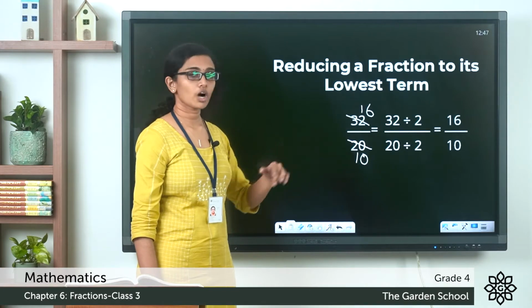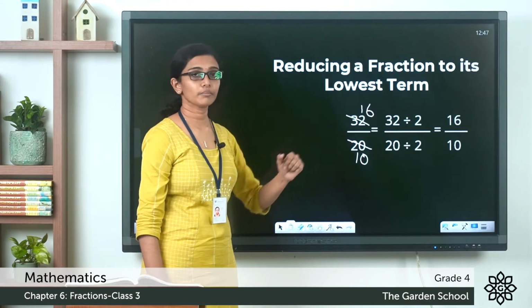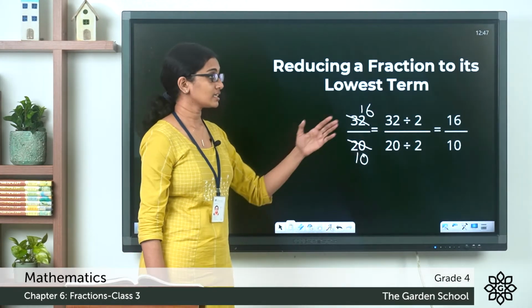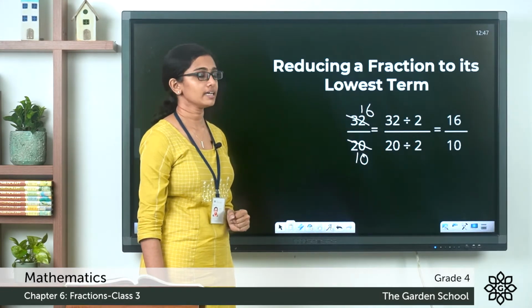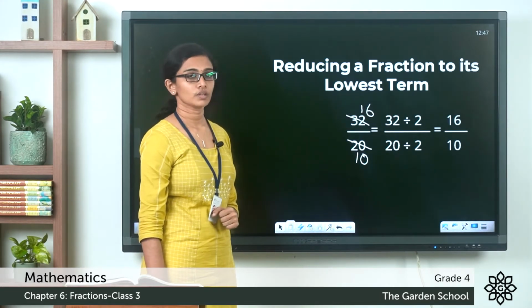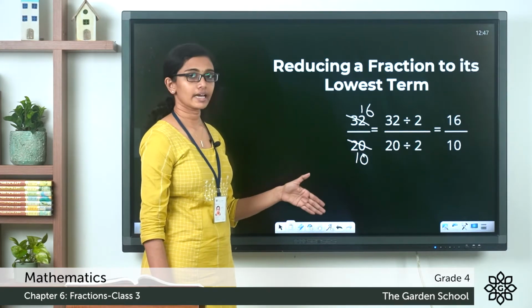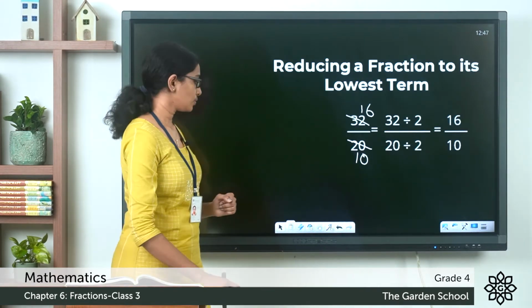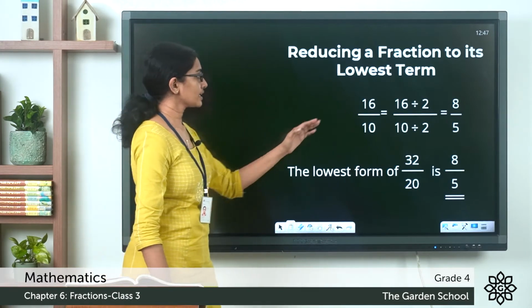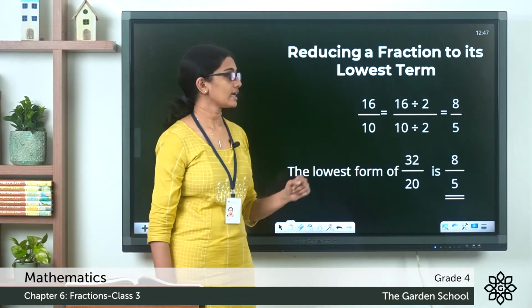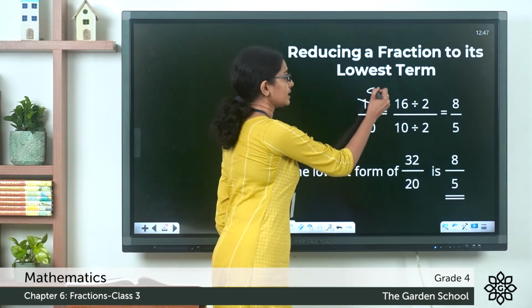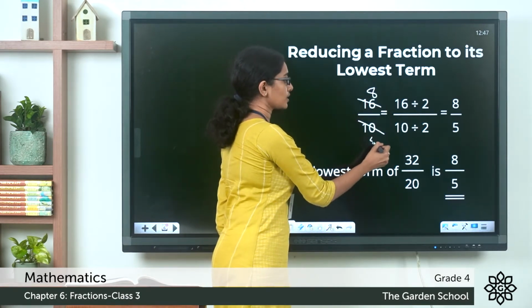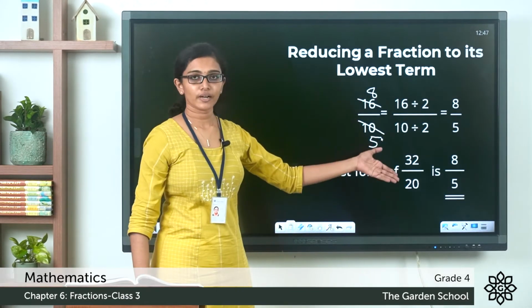And do you see any common factors for these two numbers other than 1? Yes, other than 1, these two numbers, the numerator and the denominator, have the factor 2. So shall we divide this again with the number 2? So again dividing this 16 and 10 by 2. What do we get? 16 divided by 2 is 8 and 10 divided by 2 is equal to 5. So what is our fraction now?